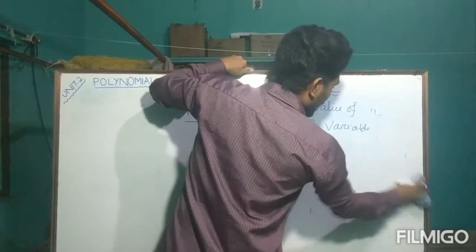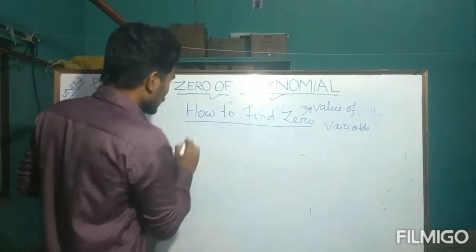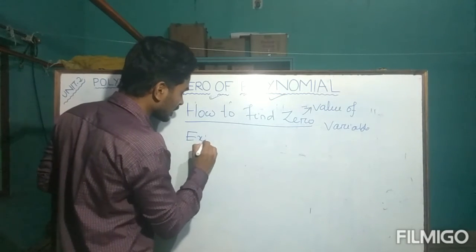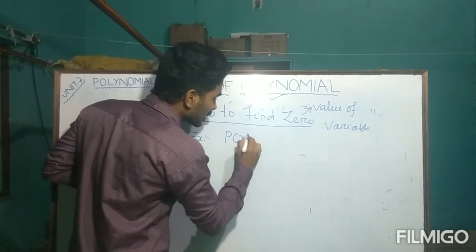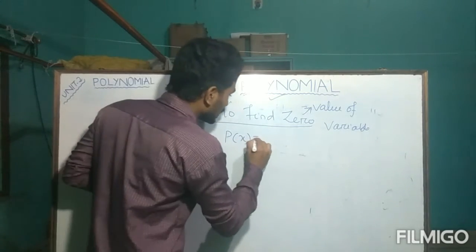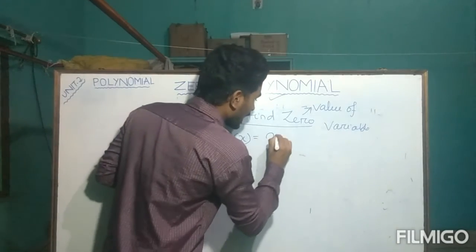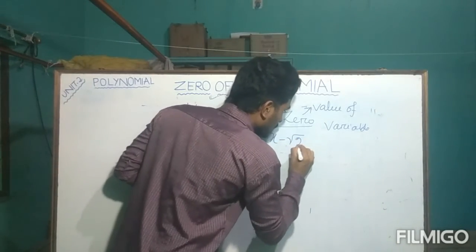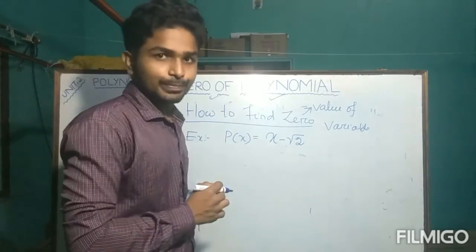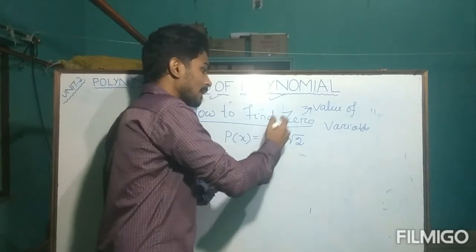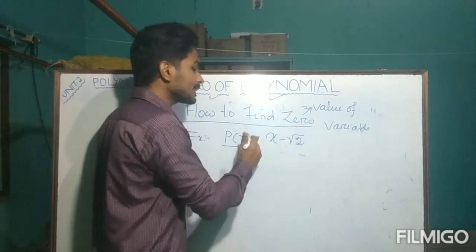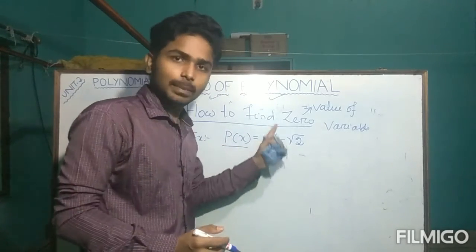So for this, suppose we have a question: p of x is equal to x minus root 2. That means the polynomial is expressed in terms of x, and that is x minus root 2.